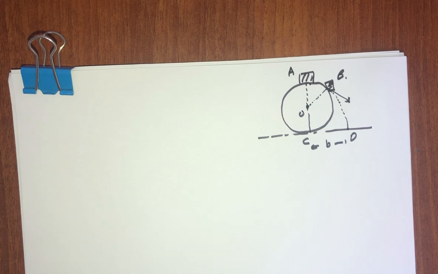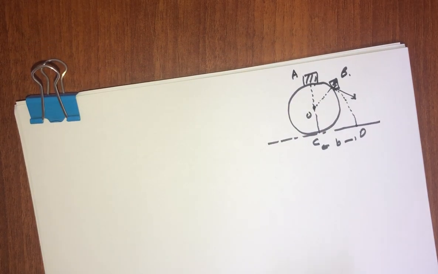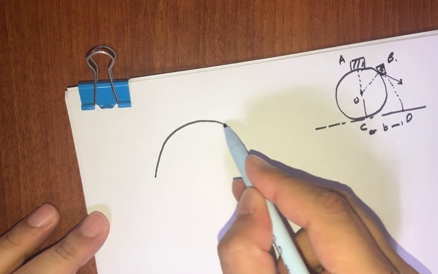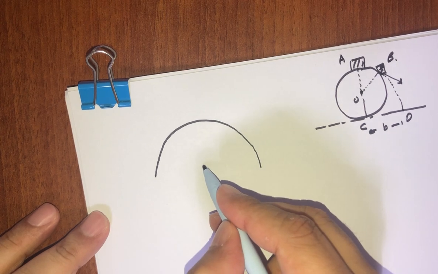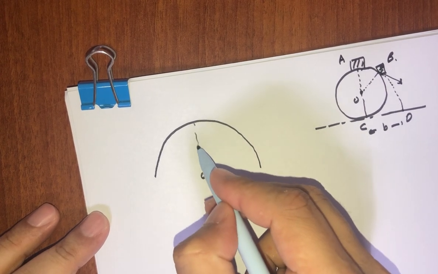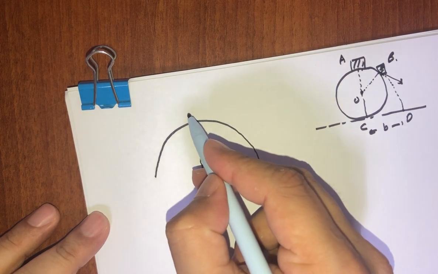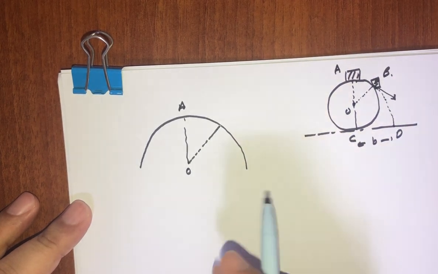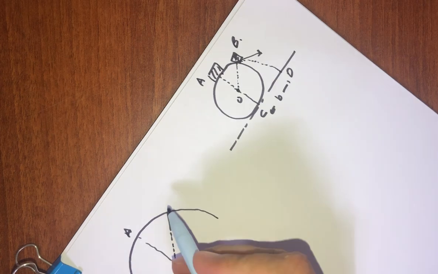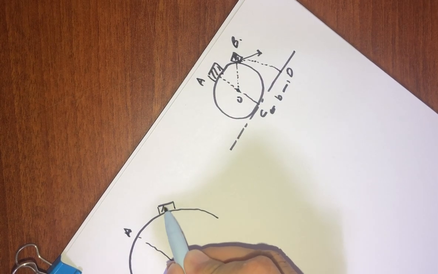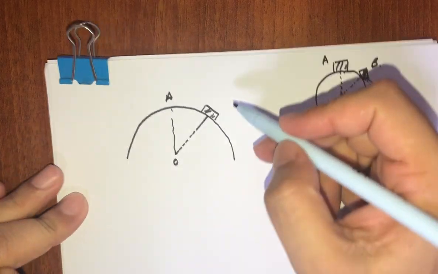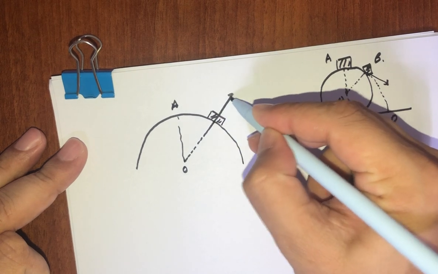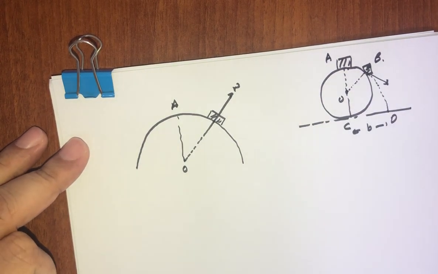In this case, let us draw this figure in the enlarged version. So in the enlarged version, we can draw it like this, and let this point be O. This will be point A, and this will be point B, and here there is an object, and on this object there is a force, the normal, which is acting in the outward direction.